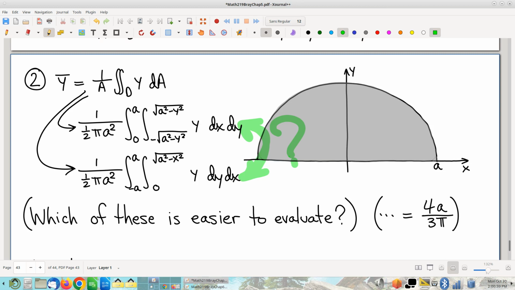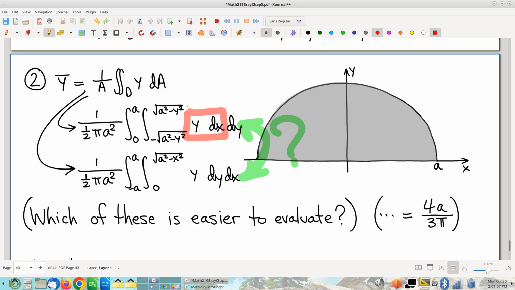Sometimes you can look down the road before you actually walk down the road. And so, for example, let's just look slightly down the road for this first example here. I see y dx, y being a constant because the dy is further to the outside. After I do this inside integral, I'm going to have y times something that involves that square root. And then I think, okay, cool, I can do a u substitution, and that'll make that integral work out not bad, right?